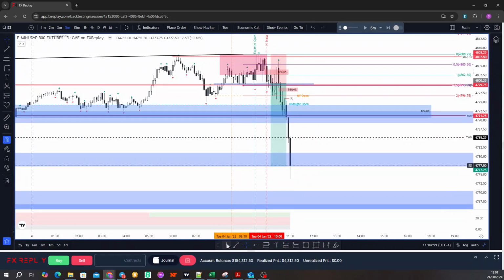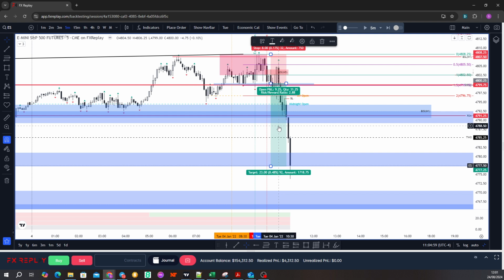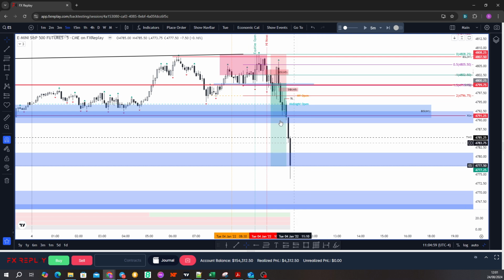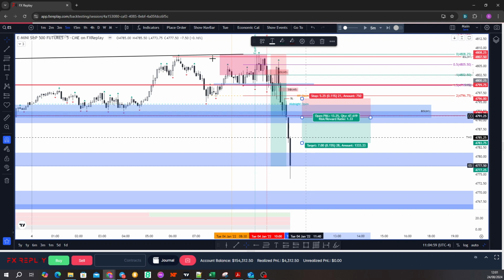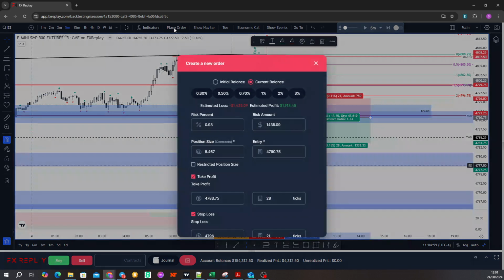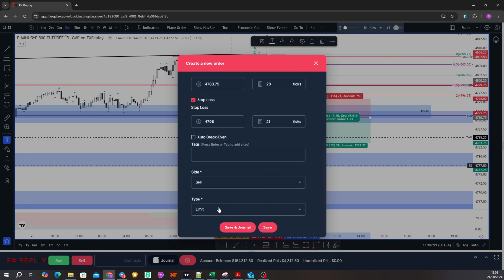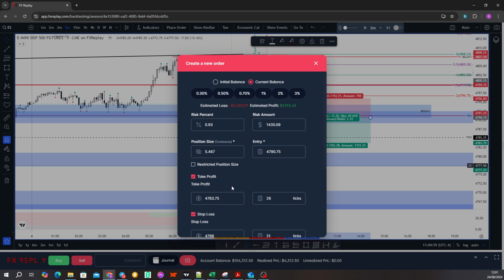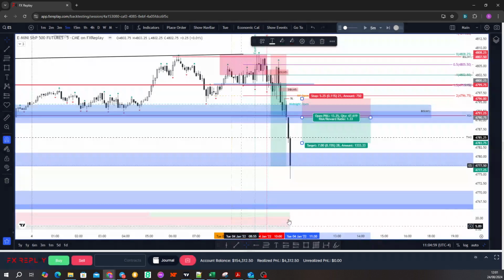What I'm going to do is take this off. So it was 2.88. I'm not going to take that off actually. What I'm going to do is just create one here. Yeah, let's create one like that there. Okay. Place order, so that should take all the information there. Sell limit. Okay. Now I'm going to journal.